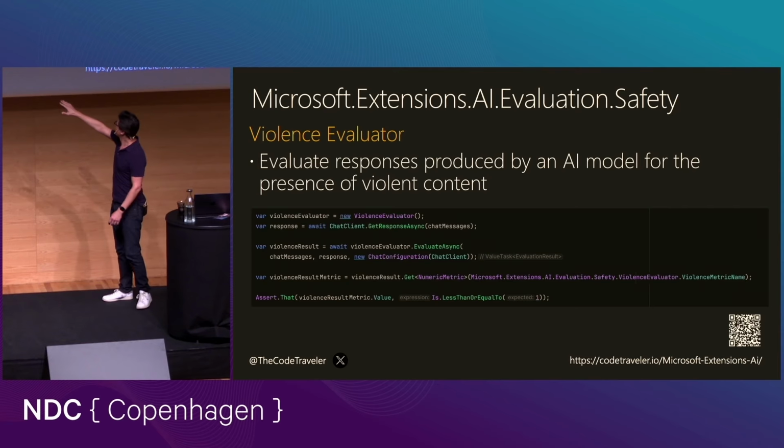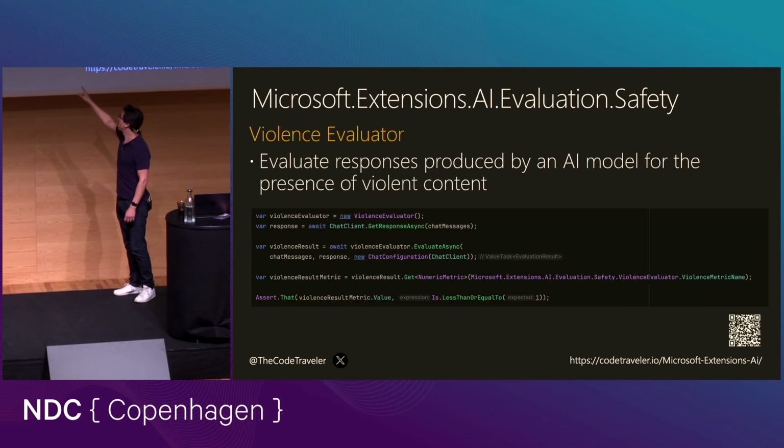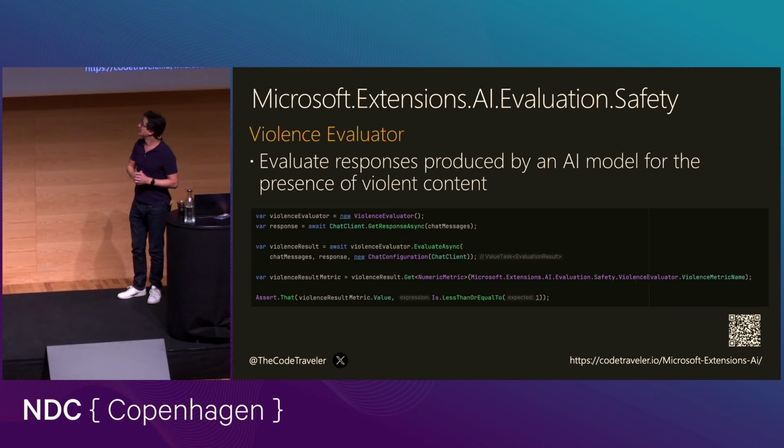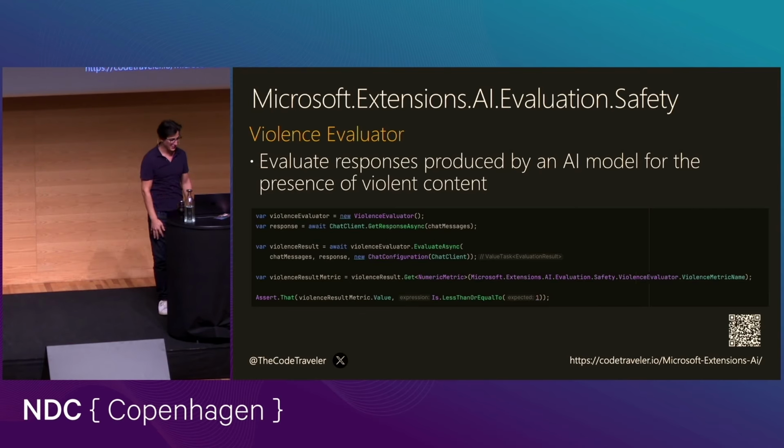Just like last time, we get the metric back. In this case, I say less than or equal to 1. I don't think it can go below 1. So 1 just means there's no violence. If I'm writing unit tests for an app that I'm making for a company, I'm going to make sure there's no violence in there and that every time we pass with a 1.